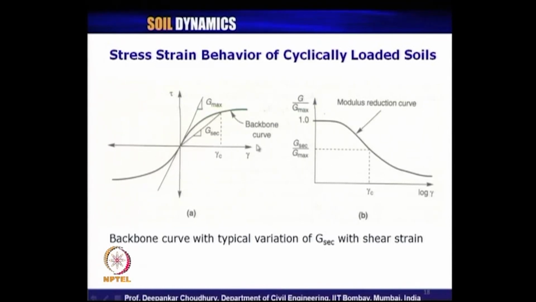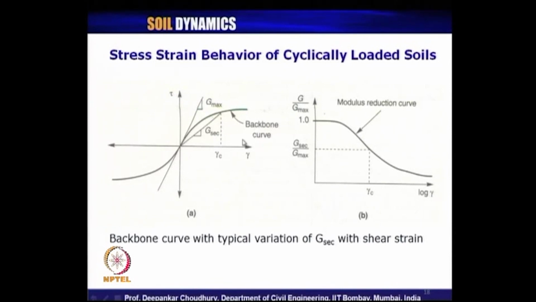What does the backbone curve refer to in dynamic soil properties? It is nothing but the output shear stress versus shear strain plot of any cyclically loaded soil. That curve is called the backbone curve.